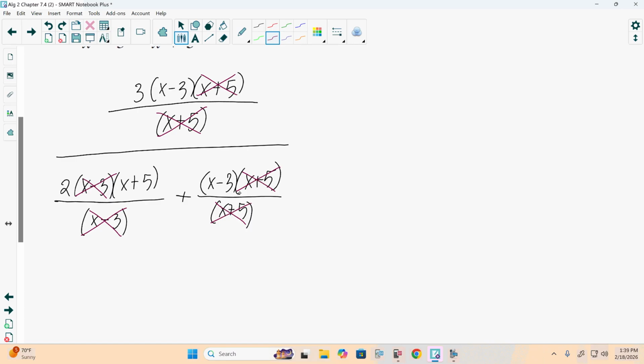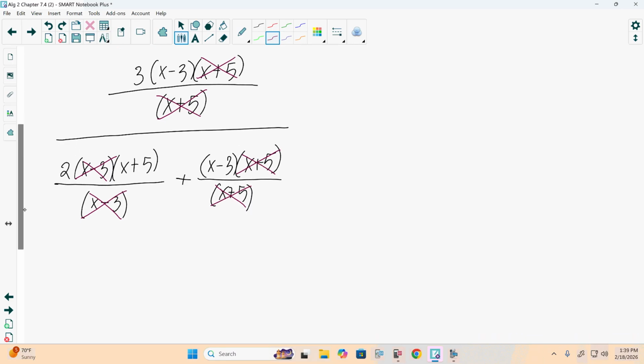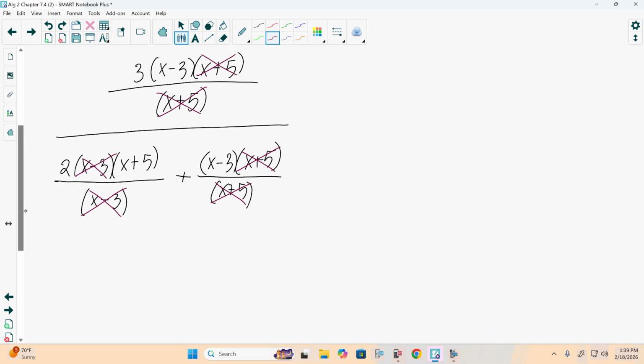So we're multiplying by this expression so that our fraction on top, I'm going to write it out here to the side so we can see it in one frame, ends up being just 3 times x minus 3, because that's all that's left on top. On bottom, the first fraction, we still have the 2 and x plus 5, plus x minus 3. So the two fractions on bottom simplified to these two expressions here.